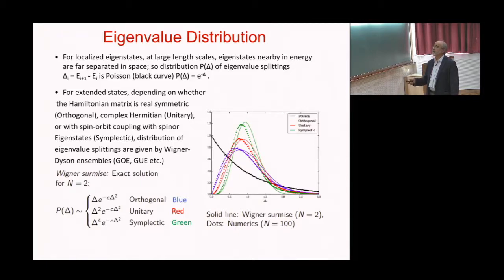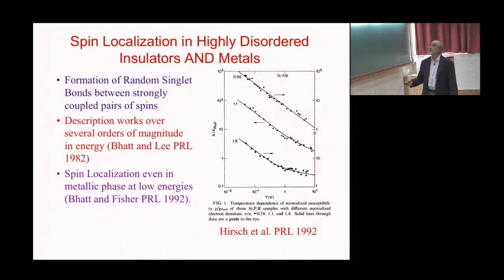You can see that the eigenvalue distribution is quite different. There is a hole at low eigenvalue separations. The solid line is the Wigner surmise, which is the exact result for 2 by 2 matrices, and the dots are numerics for larger sizes.